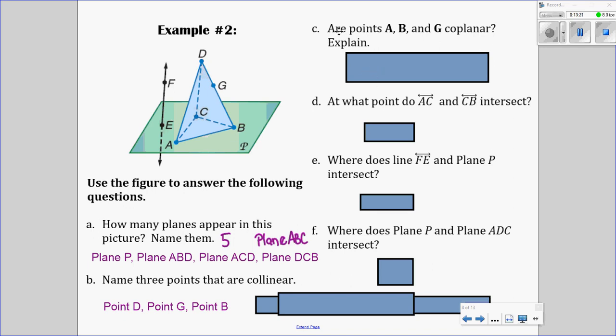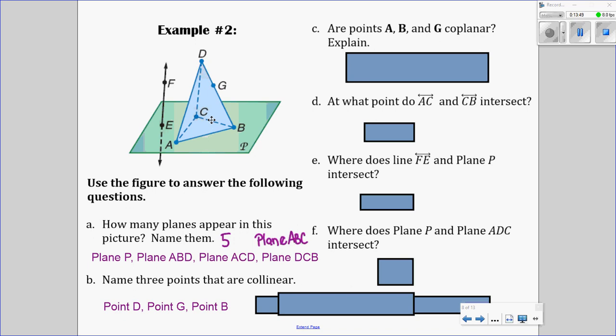Next one. Are points A, B, and G coplanar? Let's go back and look. We have A, we have B, and G is over here. So they're asking us if they are coplanar. So we have plane DAB.